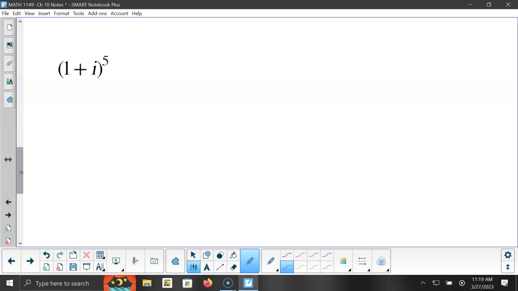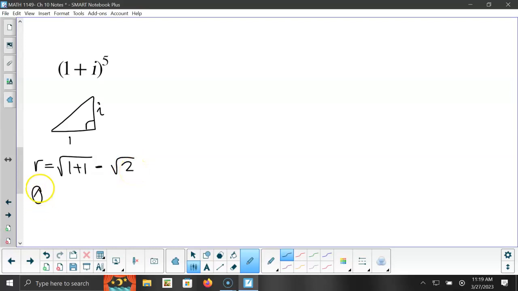I'm just going to fall back asleep. 1, 1. So you've got 1, and then you've got I up here. So I've got to find my radius. So square root of 1 plus 1, square root of 2.